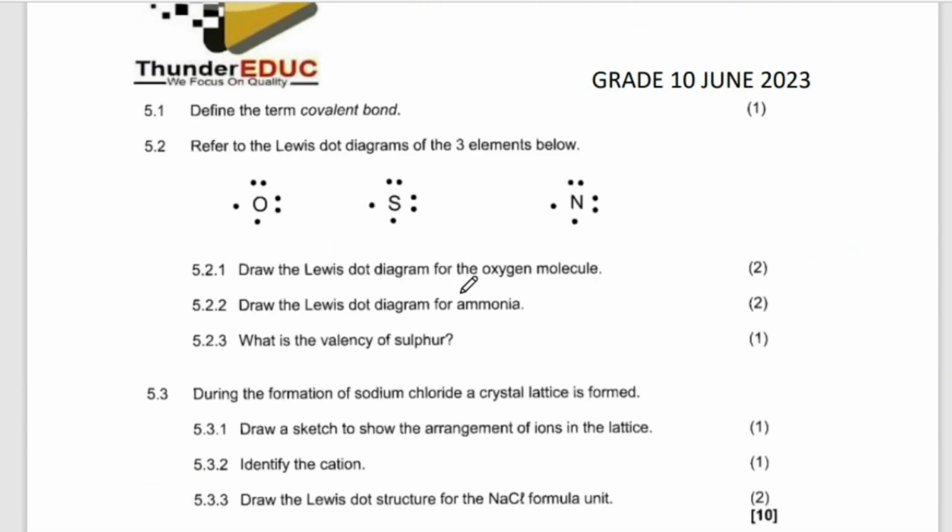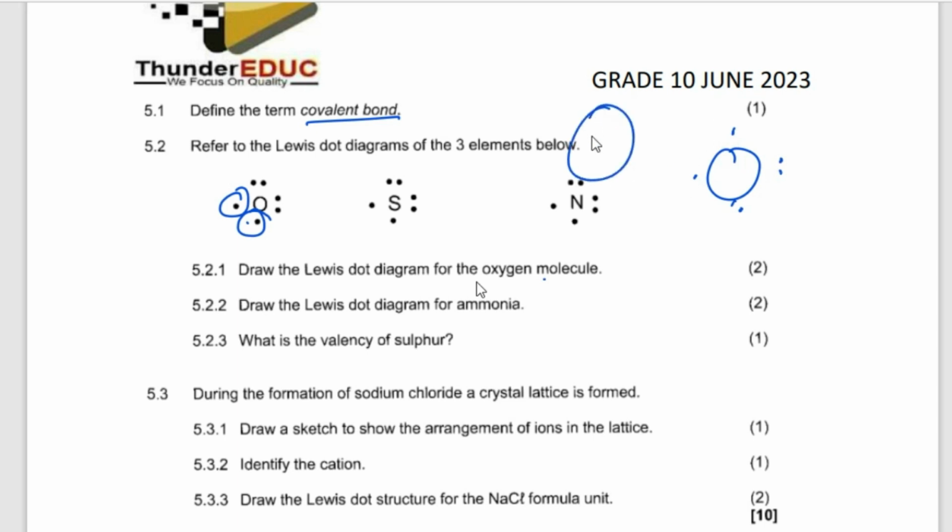What about this? Draw the Lewis diagram. Guys, don't go without knowing how to draw a Lewis diagram, please. Define covalent bond is a definition. Make sure that you know how to define it. Lewis diagram of oxygen. Guys, oxygen is like this. Don't forget that this is formed by sharing. It means that I'm going to have oxygen with 1, 2, 3, 4, 5, 6. So it's 6.